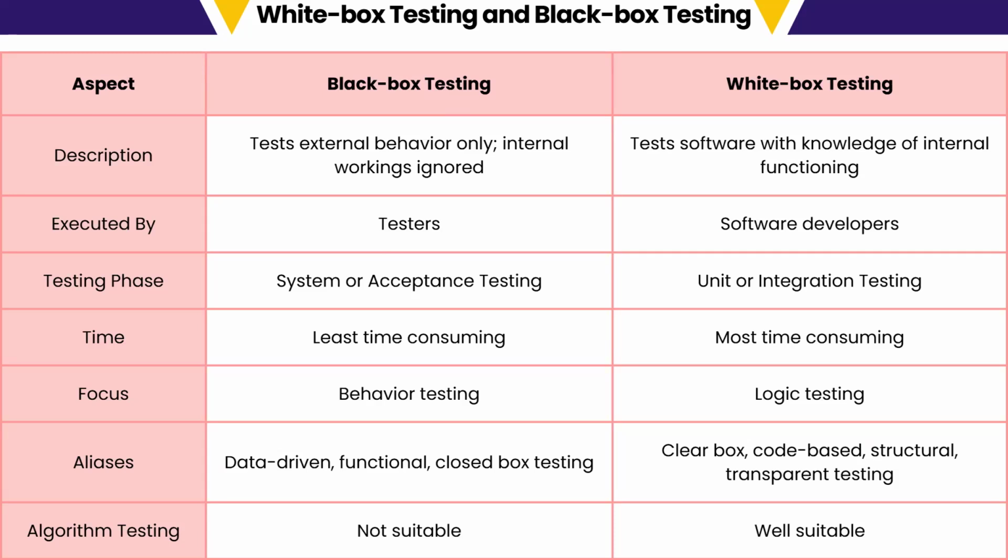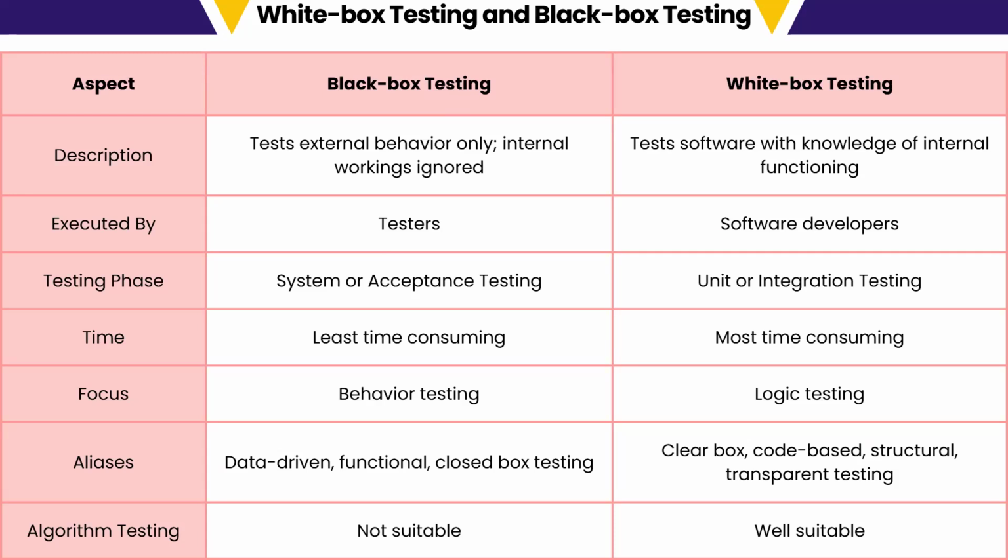For the focus area, black box testing is focusing on behavior testing, which means that they are testing how the system behaves. But white box testing tests how the logic in the programming environment is working, so the developer has to work with the data and check whether their code works well to handle the data.